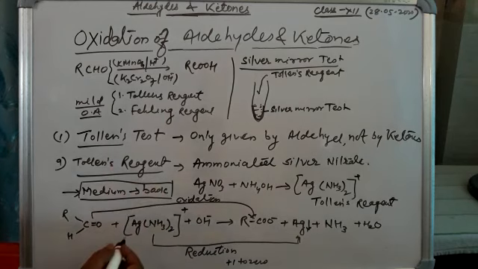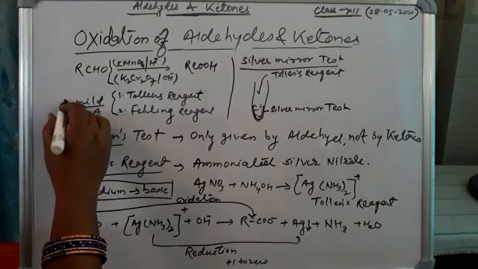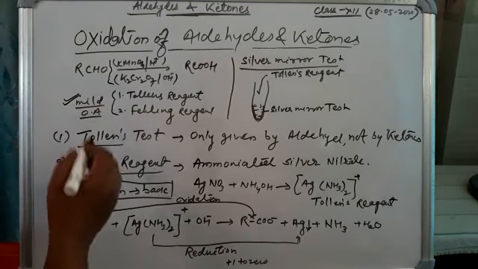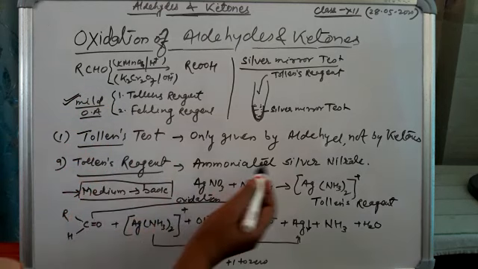So it is a very important test for distinguishing aldehyde and ketone, because the Tollens test is only given by aldehyde, not by ketones, because Tollens is a mild oxidizing agent. And what is Tollens? Tollens is ammoniated silver nitrate.